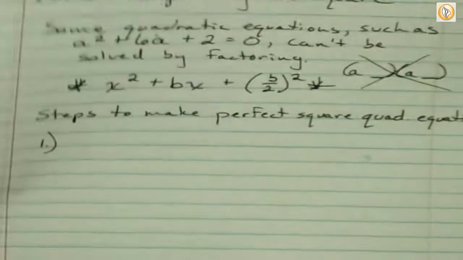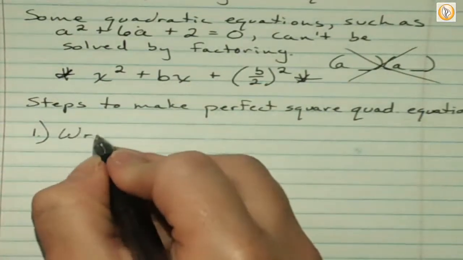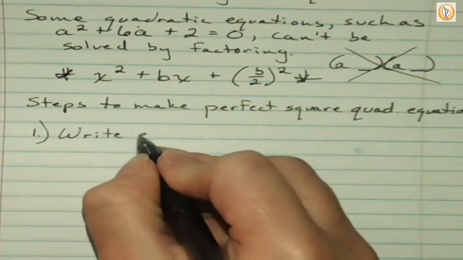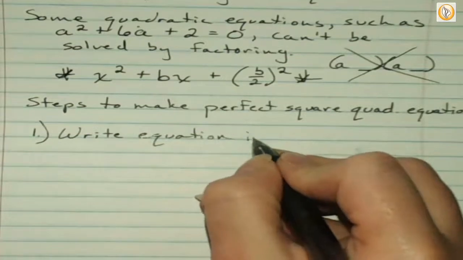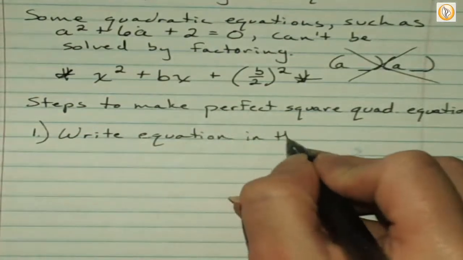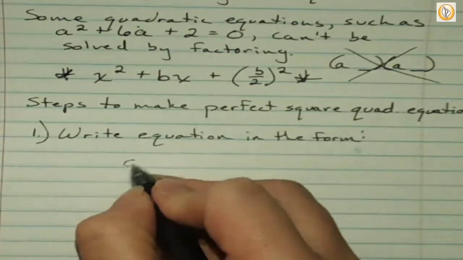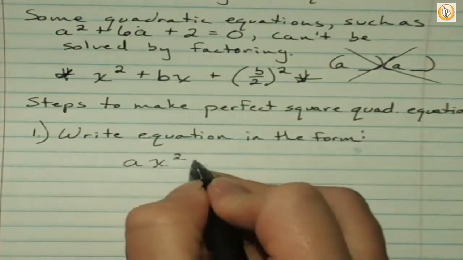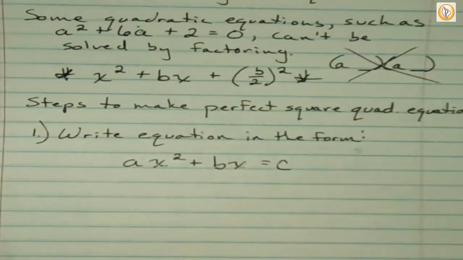Step 1. You're going to write the equation in the form ax squared plus bx equals c.